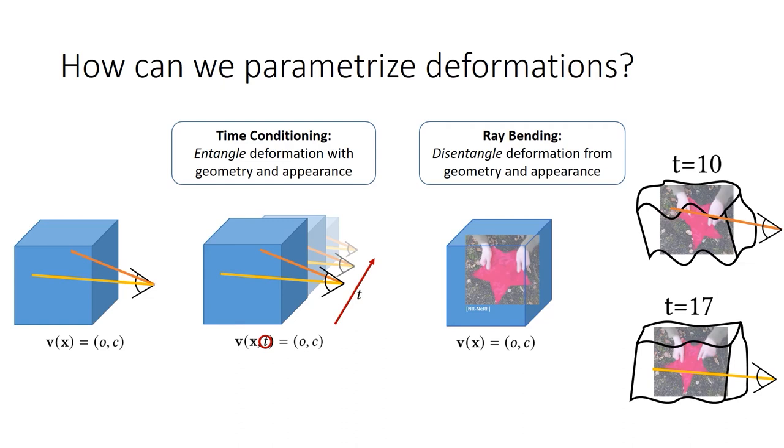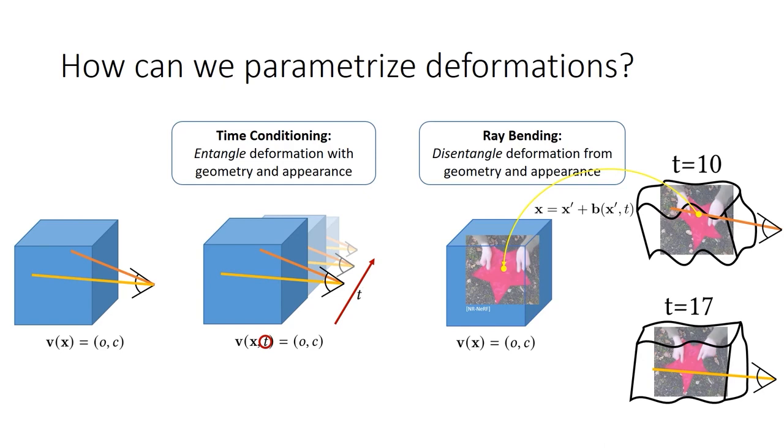We start with the straight rays. We then have to invert the space warping in order to access the geometry and appearance information in the canonical volume. That means that every point sampled along the straight ray needs to be mapped back to the canonical volume, thereby bending the ray. We can implement this as a ray bending function b that has the power to offset any point x' along the ray to give a point x in the canonical volume.